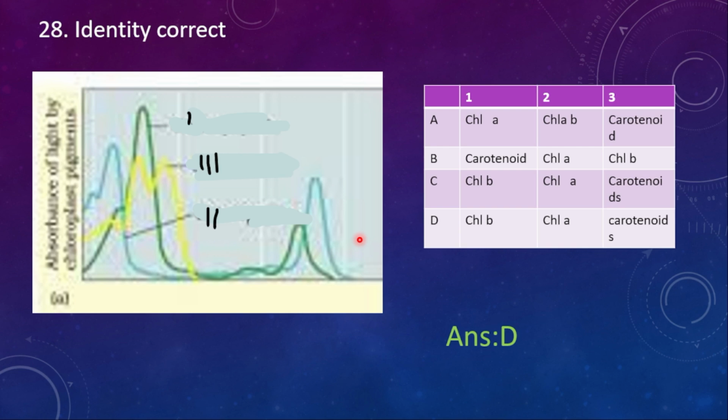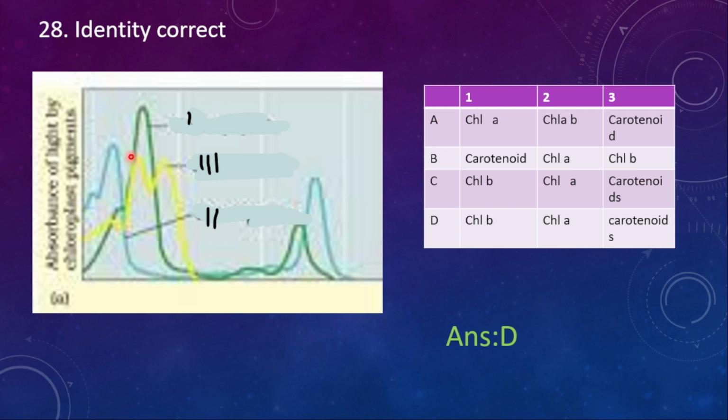Otherwise, you can remember it like this: who came first goes last, and who came next goes first. You can remember this very quickly. Chlorophyll A's absorption spectrum comes first, but it goes last.